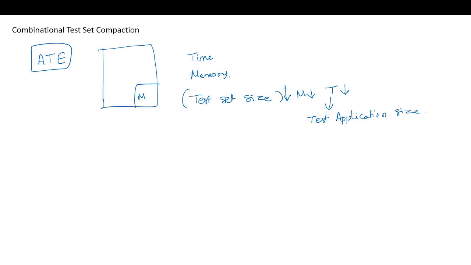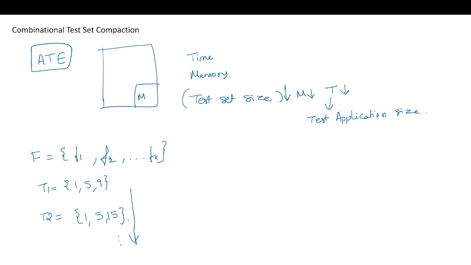That is our objective. So if we have, say, a fault list, a set of faults will be detected by each vector. This can be identified by performing fault simulation. And as we go down the patterns, the number of faults getting detected will reduce.